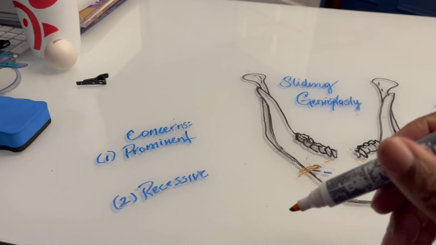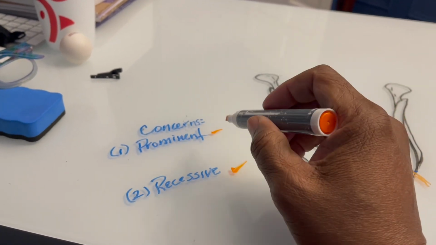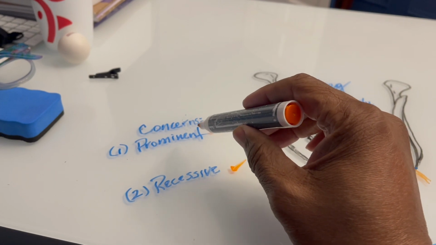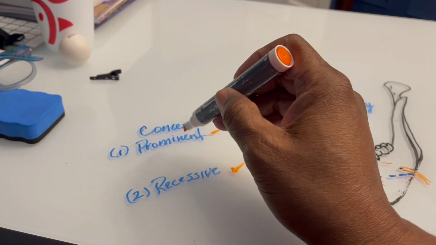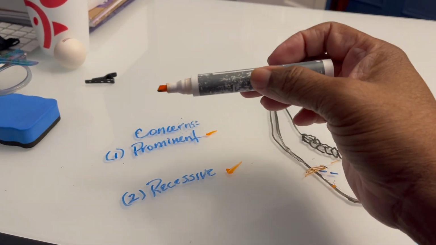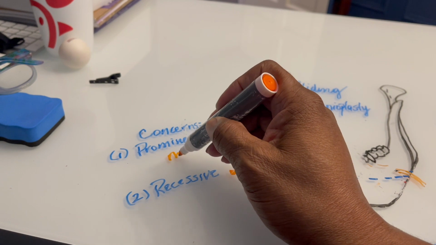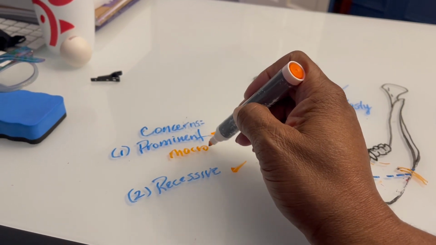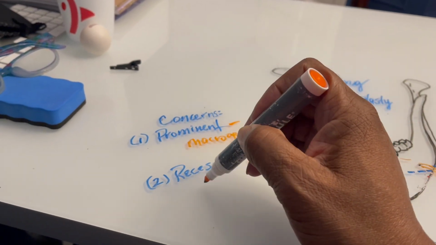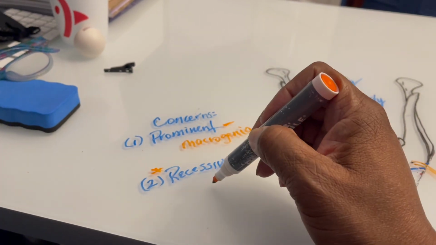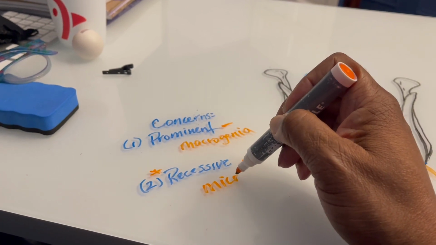So now we're going to talk about a prominent chin and a recessive chin. This abnormality, if I can use that terminology, is something that occurs in the side profile view. A prominent chin is termed macrogenia, meaning large. A recessive chin, which is more common in my experience, and I'll put a star by that, is called microgenia, which is smaller.